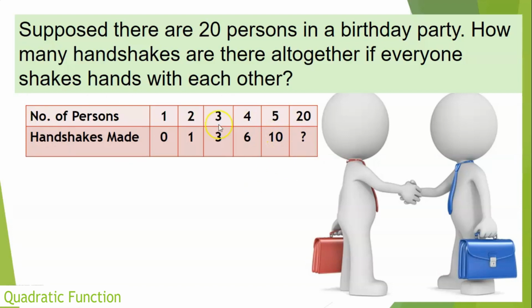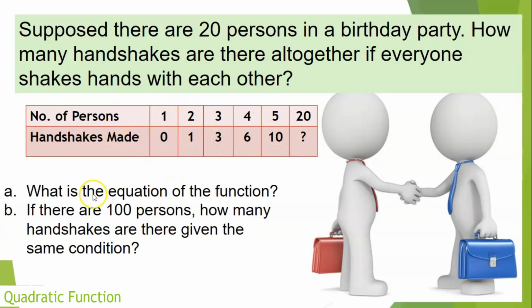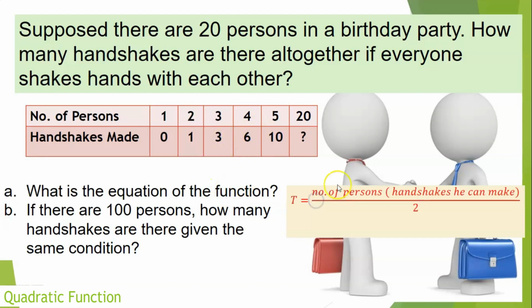So how are we going to analyze this one? With this, what is the equation of the function? It is the number of persons present times the number of handshakes each can make, divided by 2. So the equation would be x times the quantity x minus 1, divided by 2.